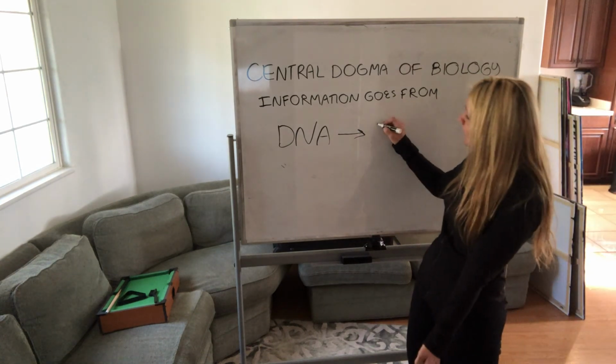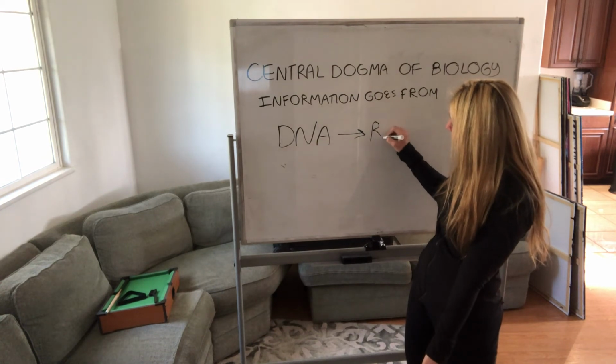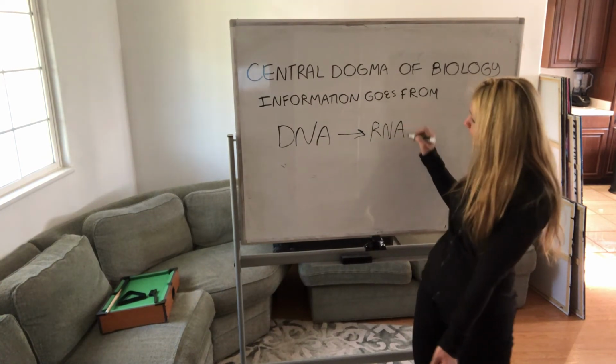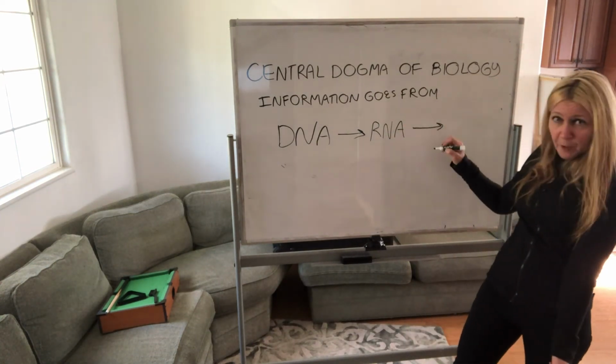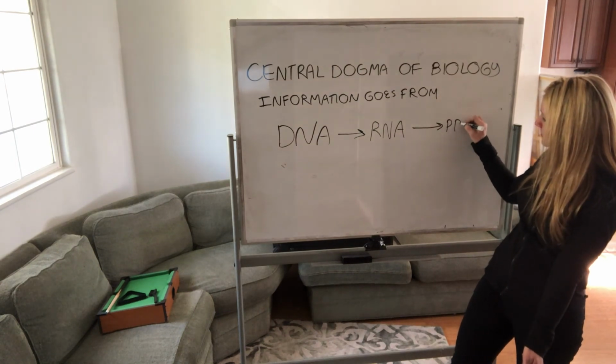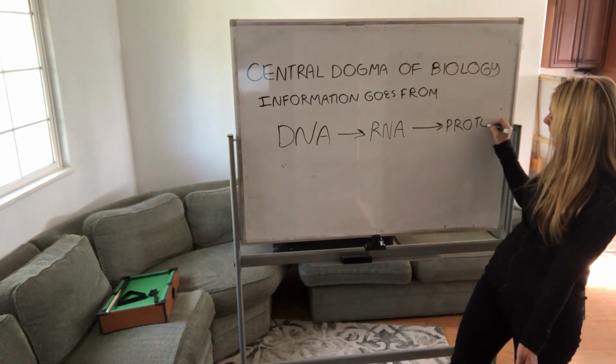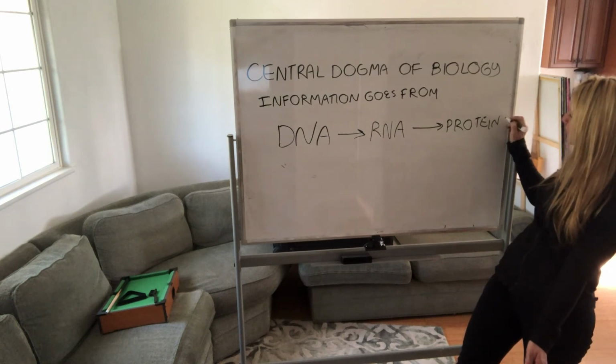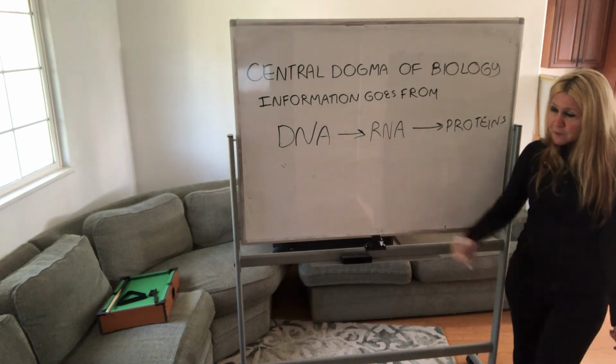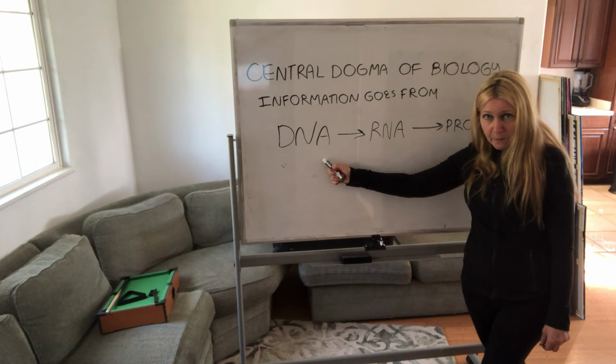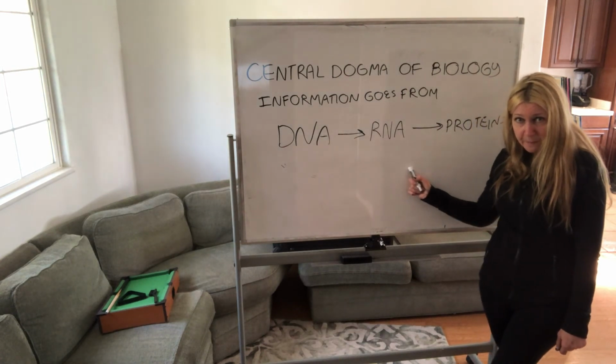Okay, so DNA, that information goes to RNA. And that information from RNA is converted to proteins. So there can be mistakes throughout the process. But if you start with a mistake here, you're going to definitely have mistakes there.